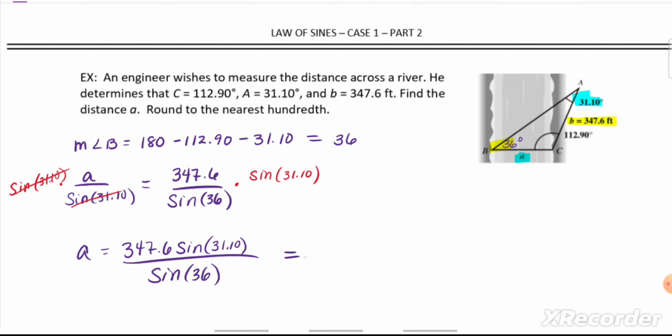And we'll just pop this right into our calculator. We get that side A, rounding to the nearest hundredth, will be equal to 305.46, and our unit is feet.